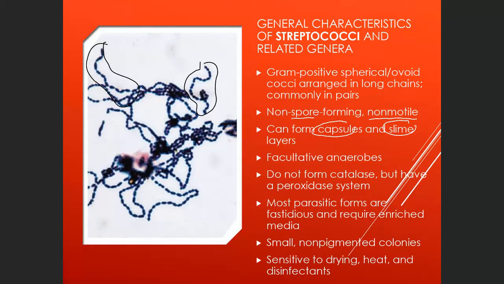They are also facultative anaerobes. They are able to live with oxygen or no oxygen. So facultative means they do not form catalase. This is the reason why catalase tests can be used to distinguish between Streptococcus and Staphylococcus.